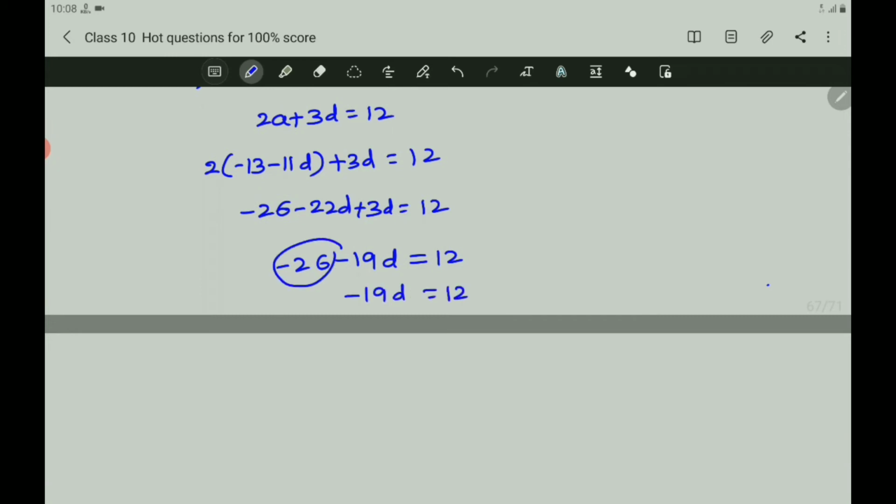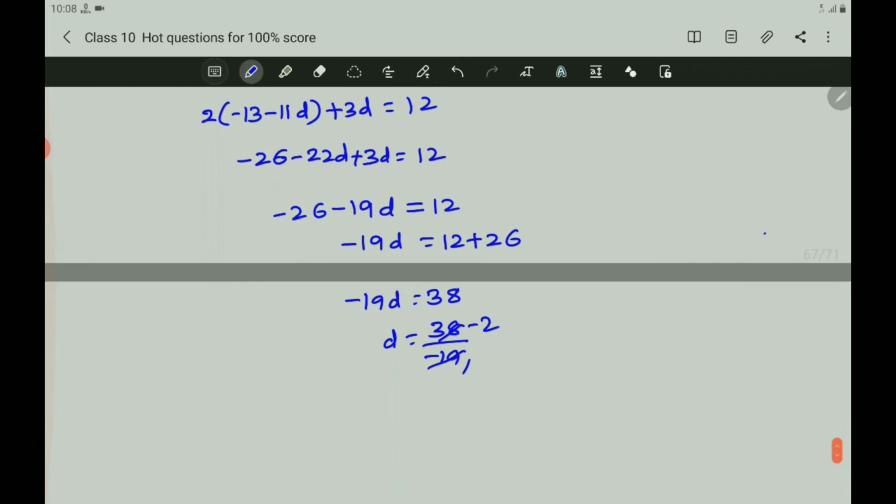You transfer this minus 26 to the RHS, that becomes plus 26. So you got minus 19d equals the sum of these two, 12 plus 26 is 38. Then d equals 38 divided by minus 19. So minus 19 ones are 19, minus 19 twos are 38.